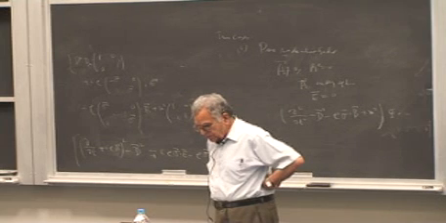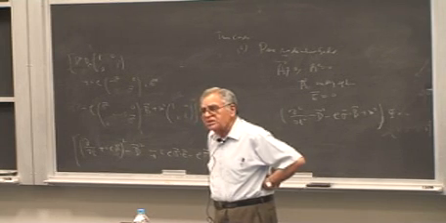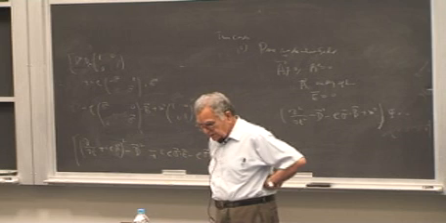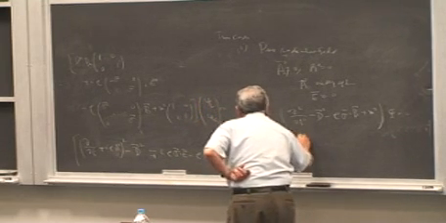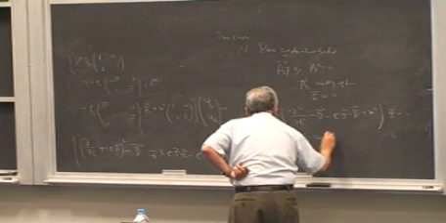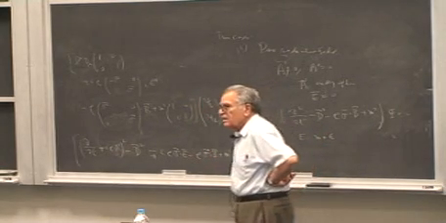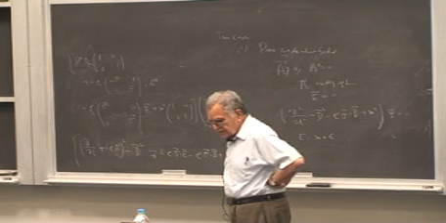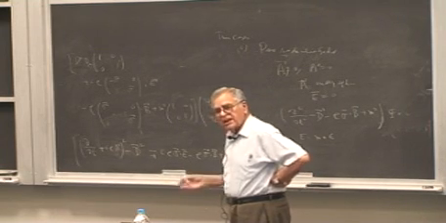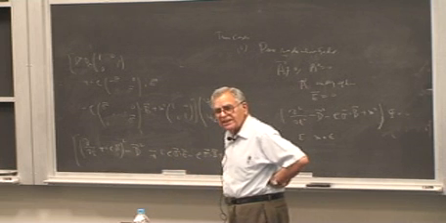Now you see, we want to go to the non-relativistic limit, so we write the energy E as the rest energy plus epsilon, where I will take epsilon to be much smaller than m.